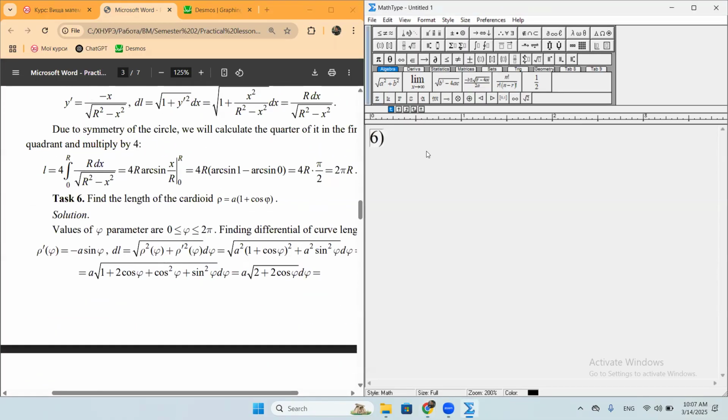So we need to find, first of all, a differential of the length of the curve. So, for a polar function it will be the square root of rho squared plus rho prime squared d phi.